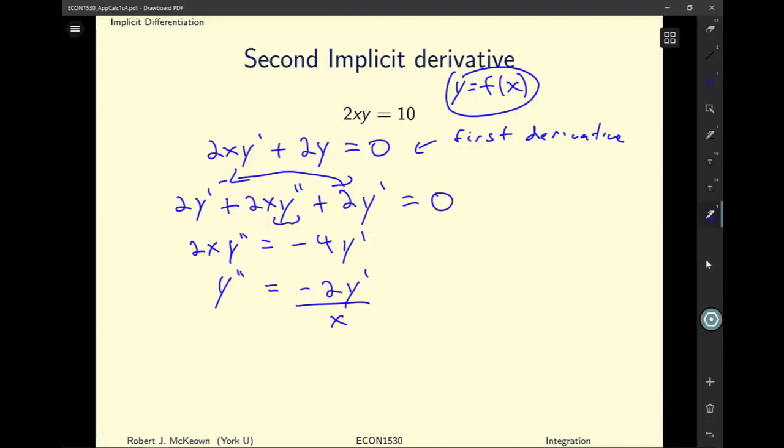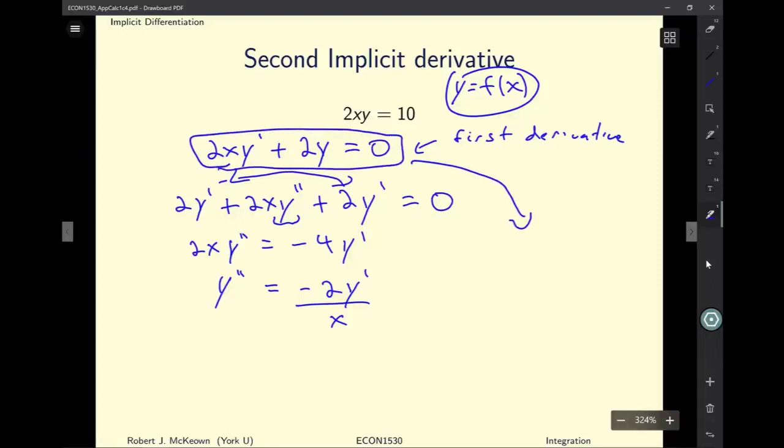Now I could go a little bit further and replace y prime. If I look over at this thing here, you can see that I could rewrite it as y prime is equal to negative y over x, like that.